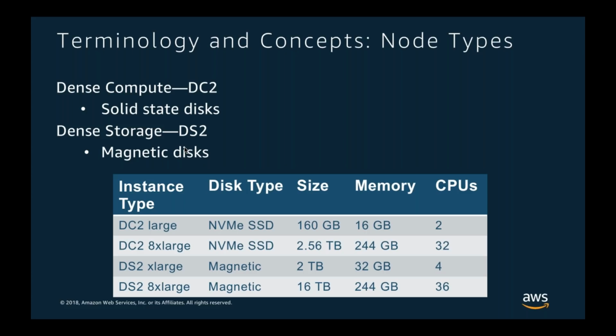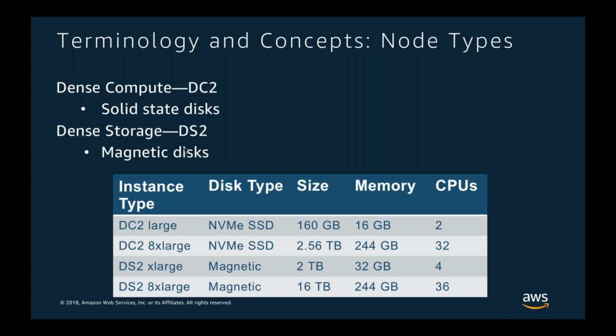Dense storage are magnetic disk, so they are really meant for very, very large deployments where if you have, let's say, hundreds of terabytes or petabytes of data, you need a much larger storage footprint. That's where dense storage comes into the picture. You get two different instance types within them. DC2 has large and 8XL. DS2 has XL and 8XL, right? Each with varying configurations of CPU, memory, and storage.